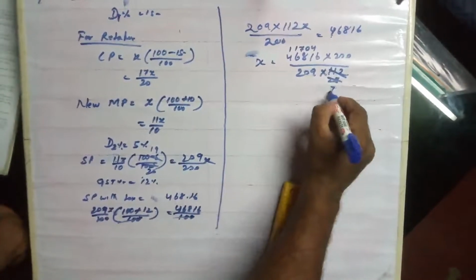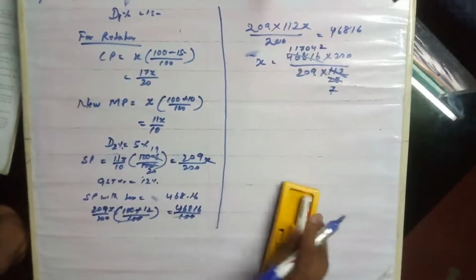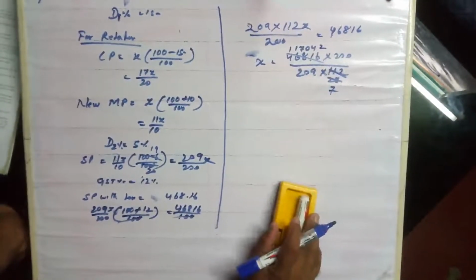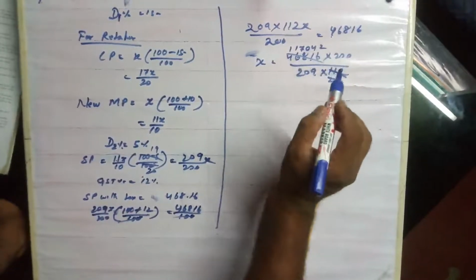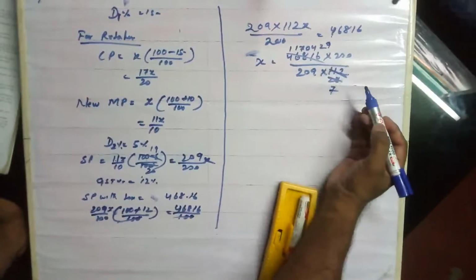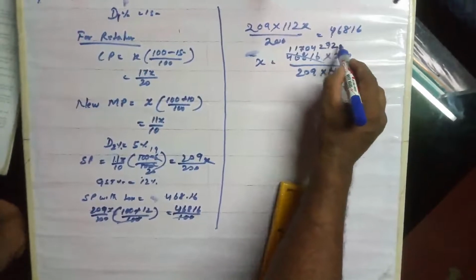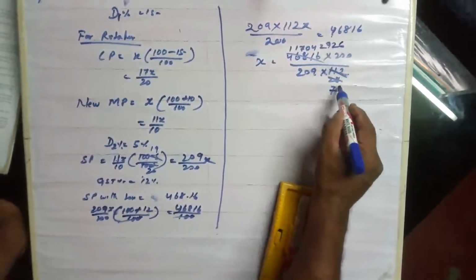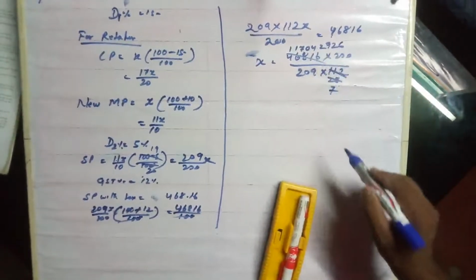Okay, by 4 only, 7 you get. Say 4, this is cancel. 4 9s are 36. 7 4s are 28.